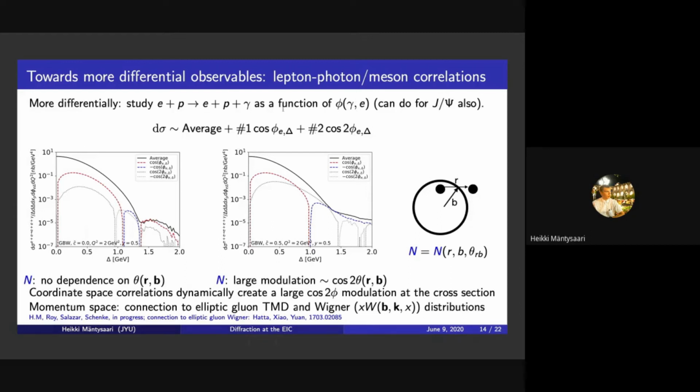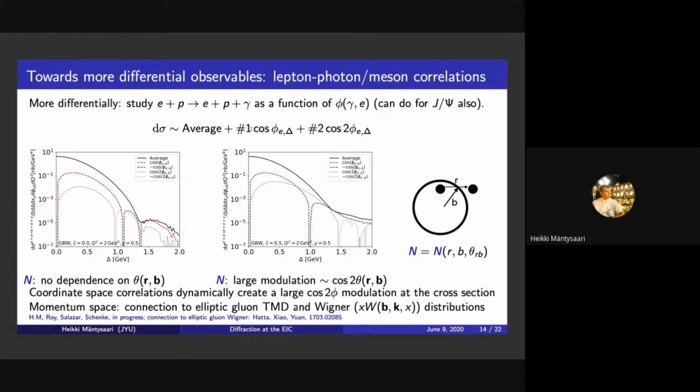So the cross section has a component which doesn't depend on the angle. And then there are two modulations, cosine phi and cosine 2 phi modulations.